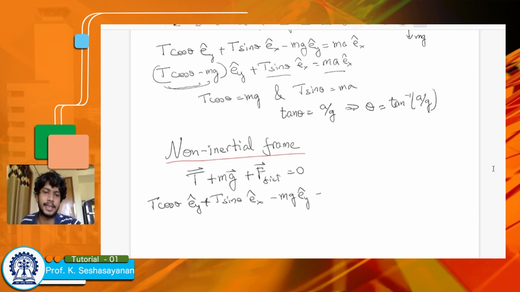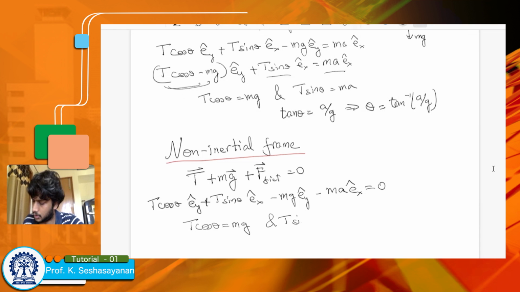So F fictitious, as I said before, should be opposite to the direction in which the train is accelerating. So it's in the minus direction. So it's minus m times a ex hat equal to 0. Okay. So now we'll have to take each and every component and put it to be 0. So we get T cos theta equal to mg and T sin theta equal to ma. So again, we get theta equal to tan inverse of a over g.